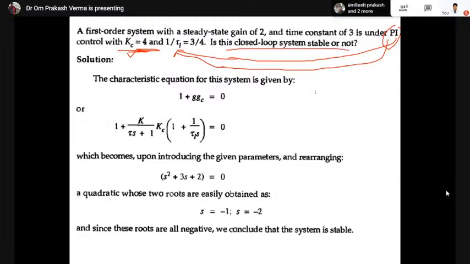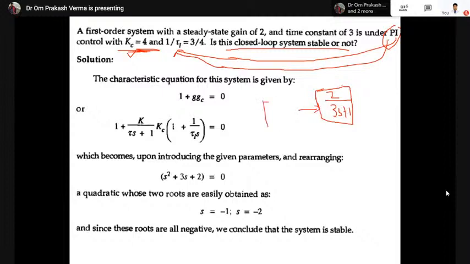Okay. So let's say we will draw the block diagram of the process. So this is the diagram of the process, 3s plus 1. This is the process, okay? And to the process a PI controller. PI controller means, what is the PI controller?